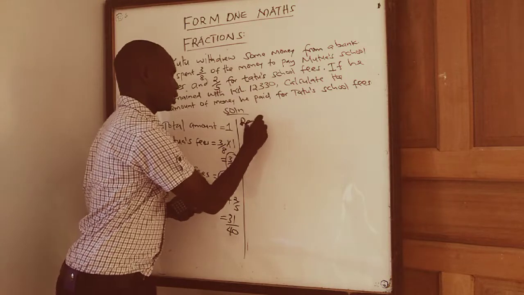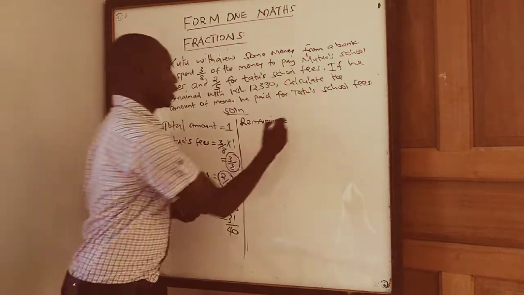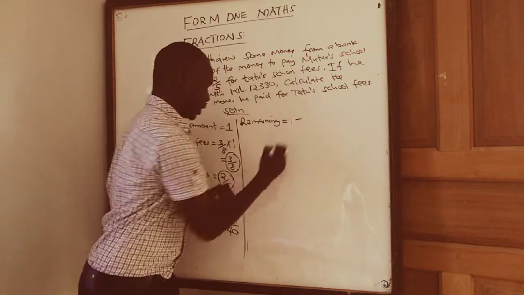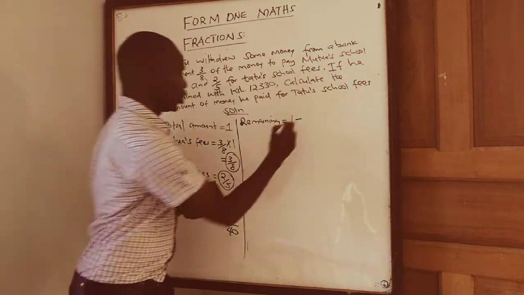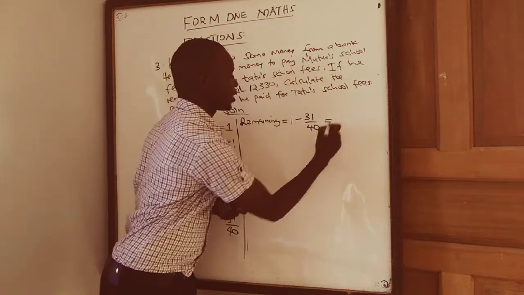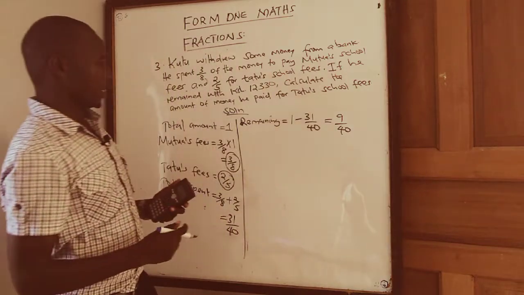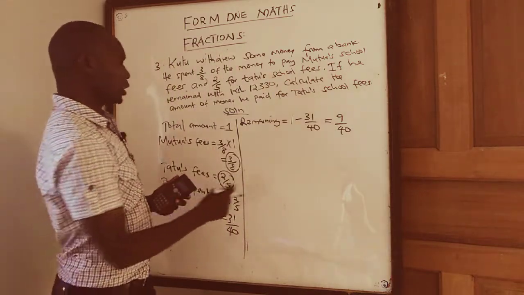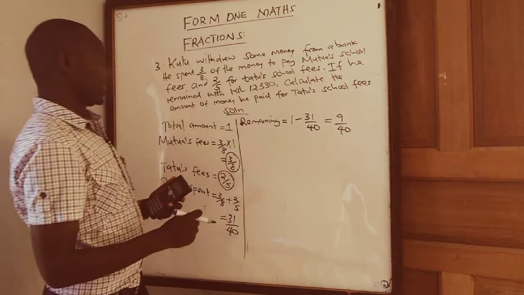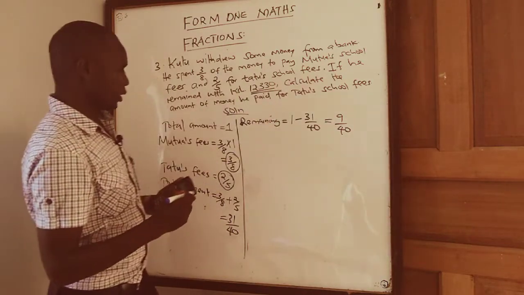From there we can get the remaining. The remaining will be gotten from the total amount, which is 1, minus the total fraction spent, which is 31/40, and this gives us 9/40. When you work it out, this is the remaining fraction, and the remaining fraction is equivalent to a total of 12,330.